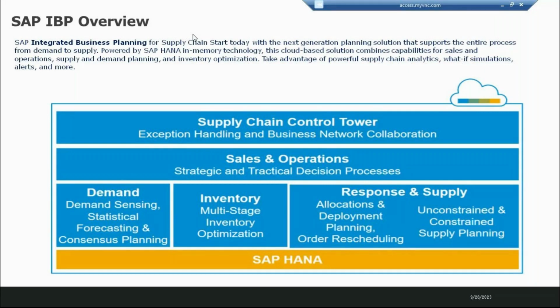So in the market there are different tools. But why are we going to choose SAP? SAP is a market leader, a lot of companies are implementing SAP, and there are a lot of opportunities in the market for SAP. Compared to other software, understanding and learning it is also easy.